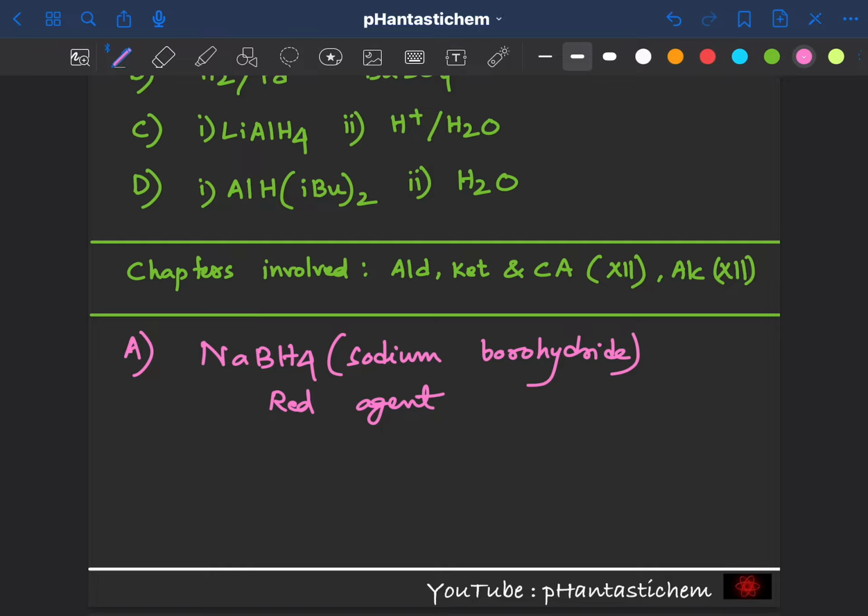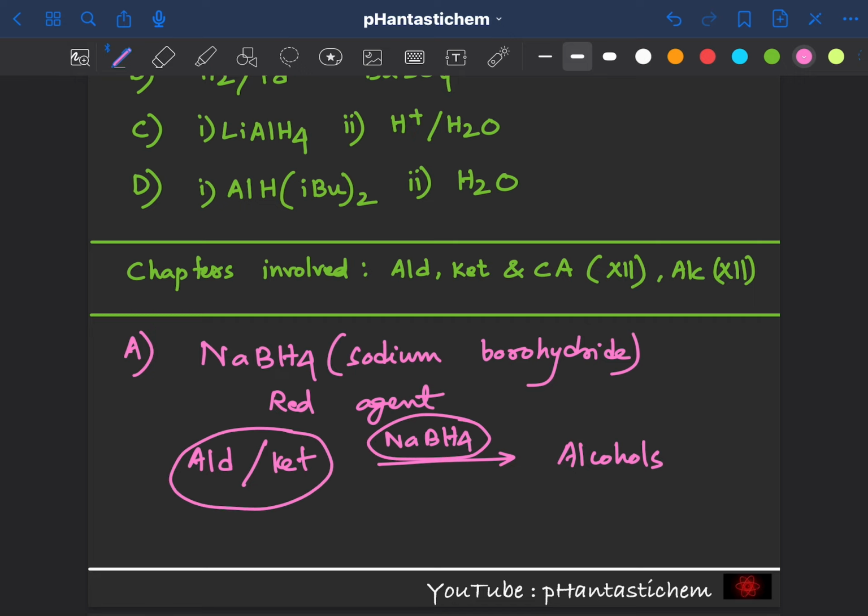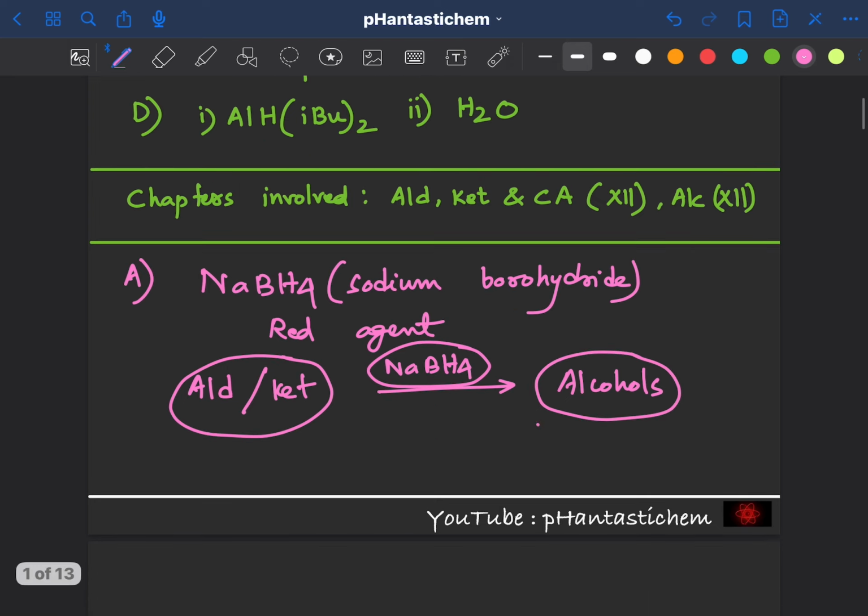So we have aldehydes and ketones, and they are converted into alcohols by using NaBH4. Whenever you have an aldehyde you will get a 1 degree alcohol, and if you have a ketone you will get a 2 degree alcohol. So depending upon the requirement, the reagent to be used is sodium borohydride.